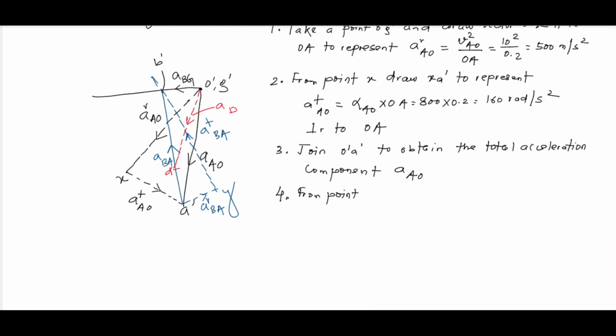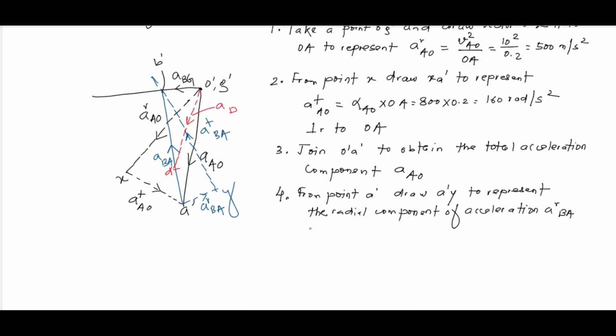Now fourth step was that from point A dash draw A dash Y to represent the radial component of acceleration, that is your A r BA, whose direction is parallel to AB, and magnitude is V square BA divided by AB.